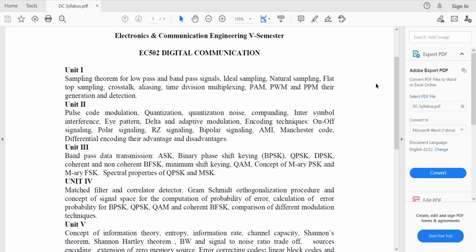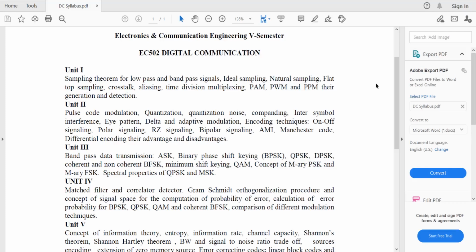So in the second unit we will be seeing some of the modulation techniques which are used for low pass signals. Pulse code modulation is one of them, in which we convert the analog signal into a digital signal. Okay, so sampling we'll consider in unit 1, and pulse code modulation we'll study in unit 2.